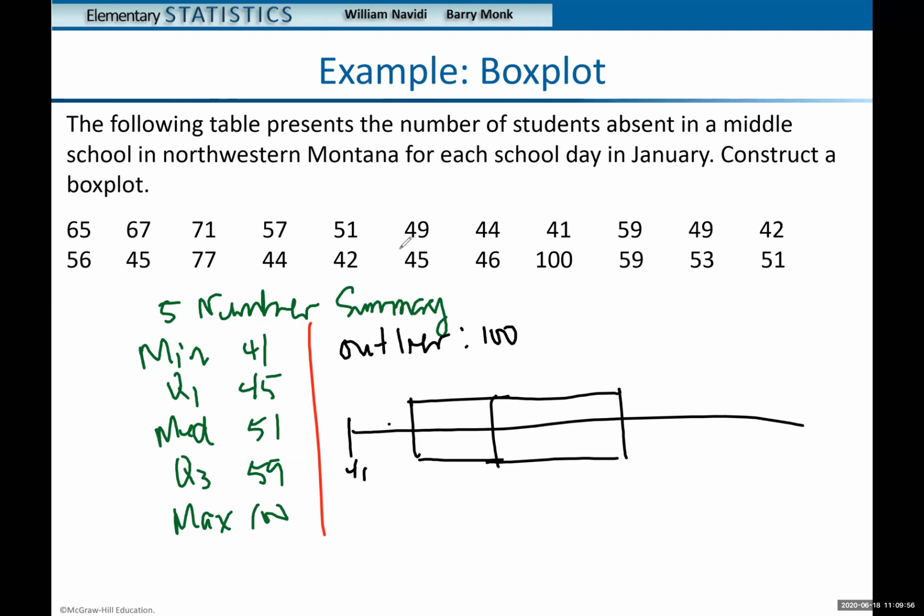So this is your minimum, Q1, median, and Q3.